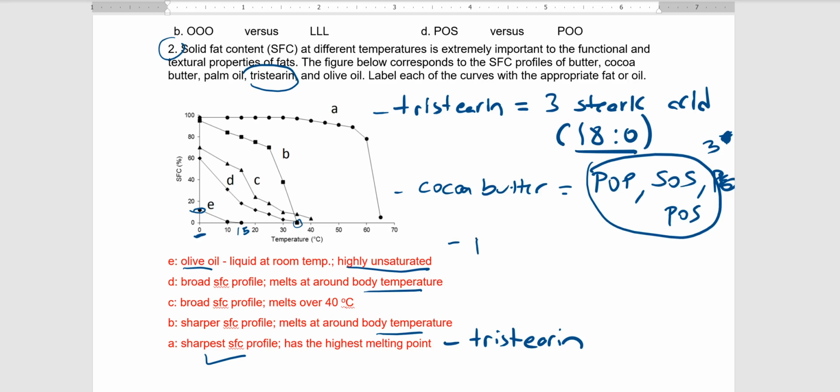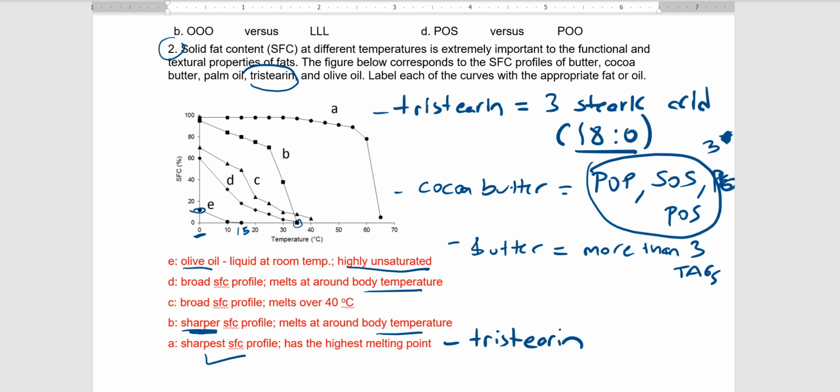And butter contains more than 3. So we saw that B has a sharper profile.